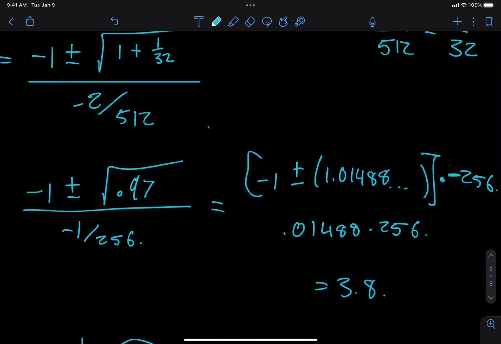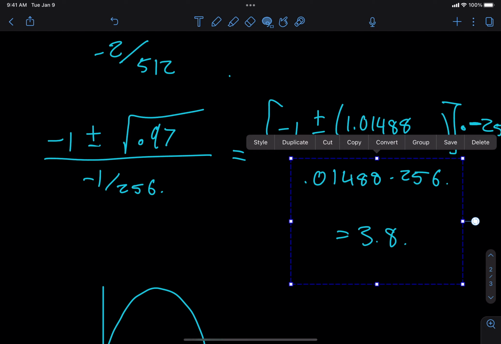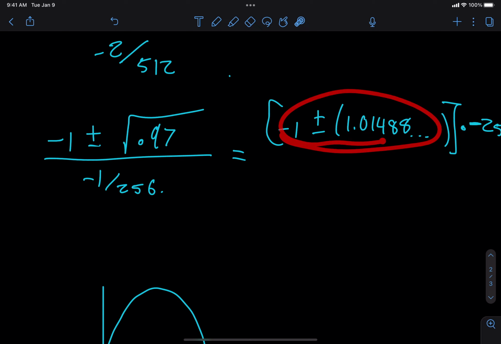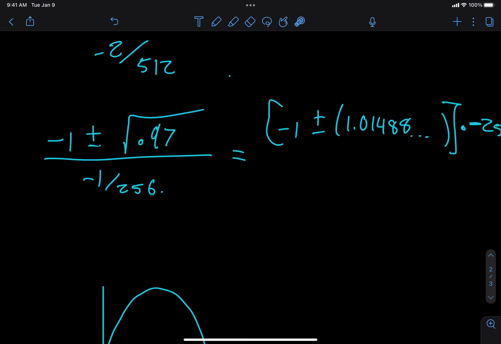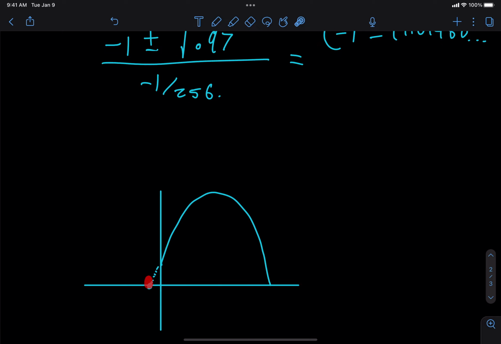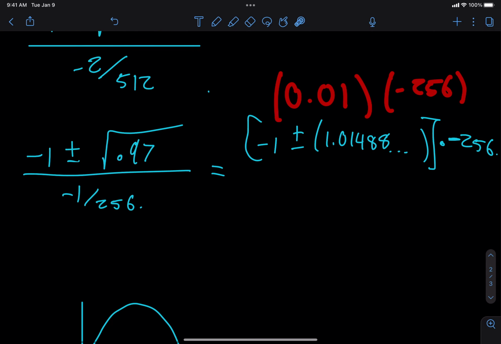Sorry about that. So now if I think about it, what is going to be the answer which I'm going to ignore? I'm going to ignore the answer where I add 1.01, right? Because then I would get something like 0.01, which is positive, and I'd multiply that times negative 256, and I'd get something negative, which is going to give us the wrong root. I want the positive root that's way out there. So instead of adding, I'm going to subtract.